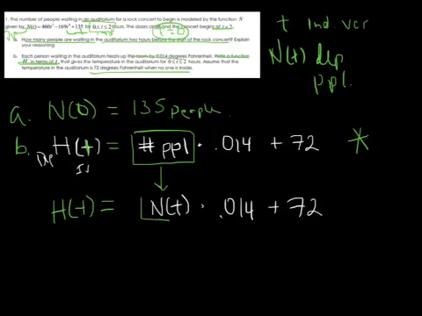So the number of people is n of t. And I can take it one step further, because when I'm computing n of t, let's say that I wanted, for example, to compute n of 1. How would I do that? Well, I would plug 1 in for my independent variable in my function n of t. I get 460 times 1 minus 169 times 1 plus 135. And that would give me my value.